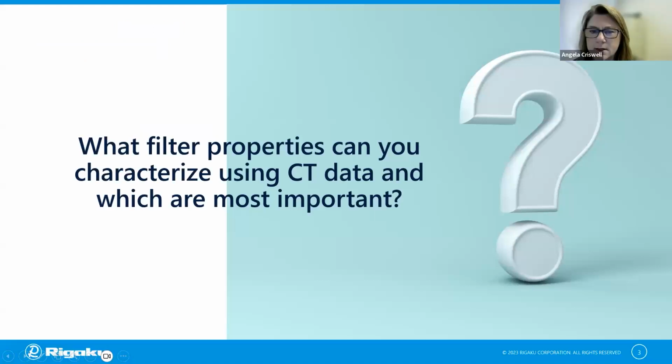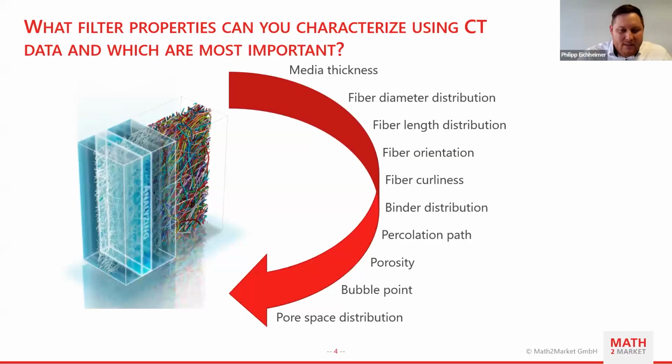All right. So our next question for Philipp is, what are the filter properties that you can characterize for filter media from CT data? And which of those are really the most important to consider? Yes, so the CT data gives us the unique opportunity to digitalize a 3-dimensional medium from a small image.